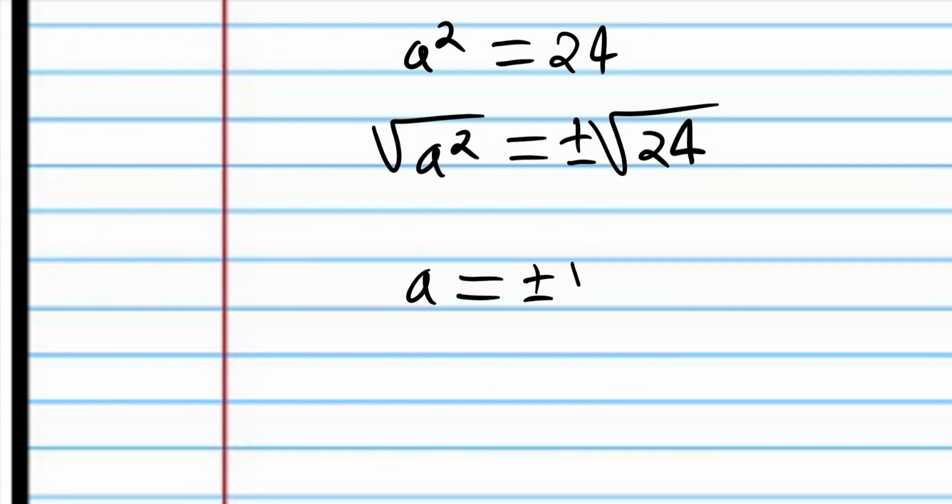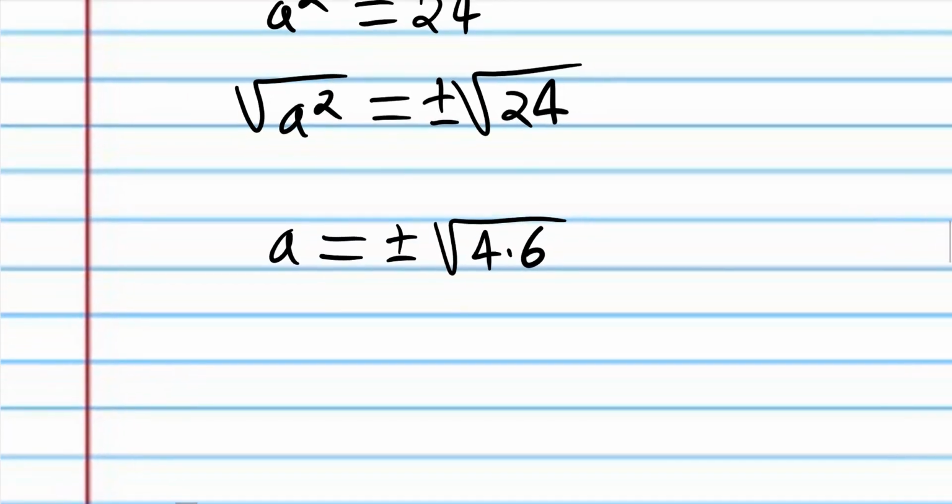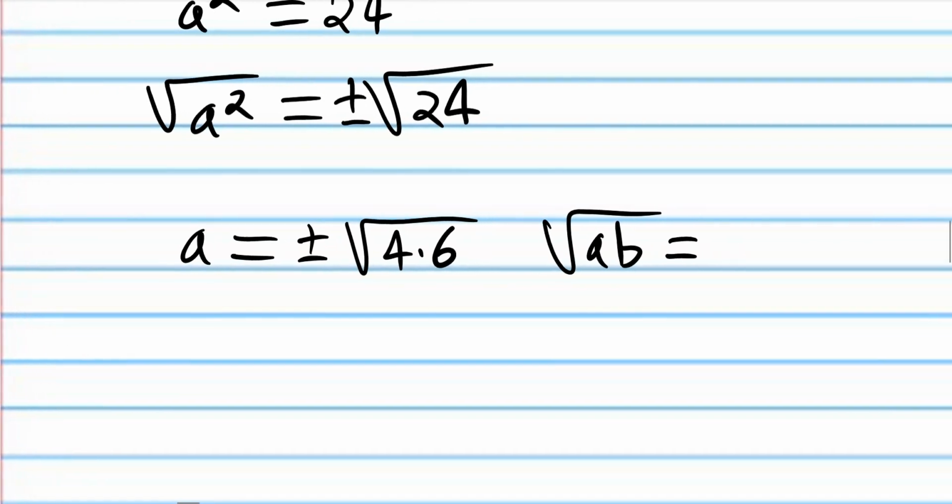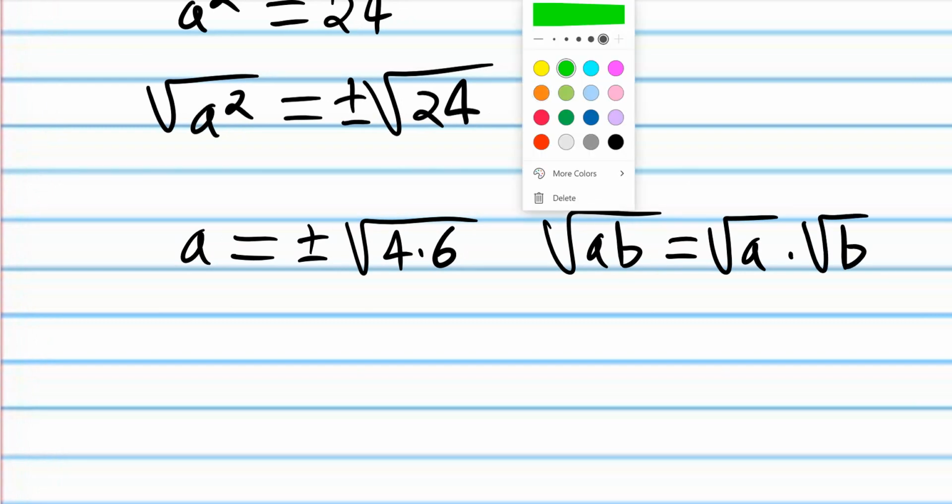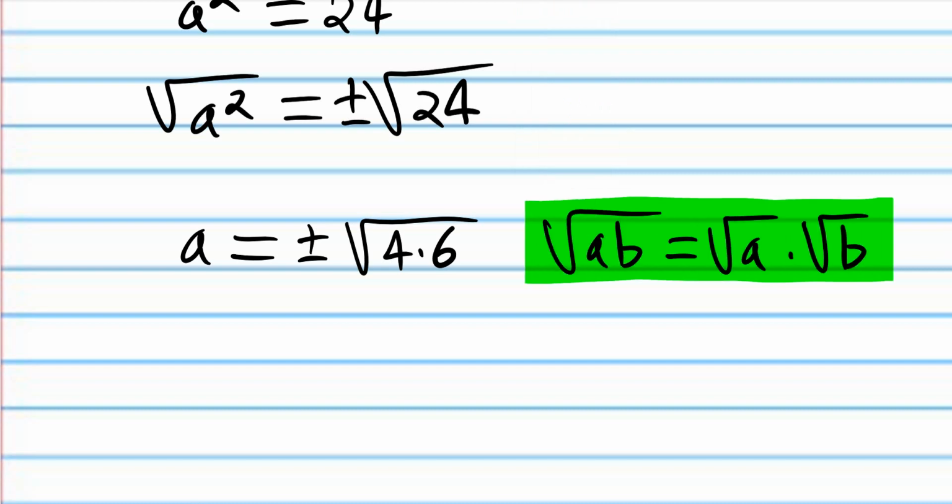And 24 is 4 times 6. And we've learned in previous courses, the square root of AB is equal to the square root of A times the square root of B. So A is equal to plus or minus square root 4 times square root 6.